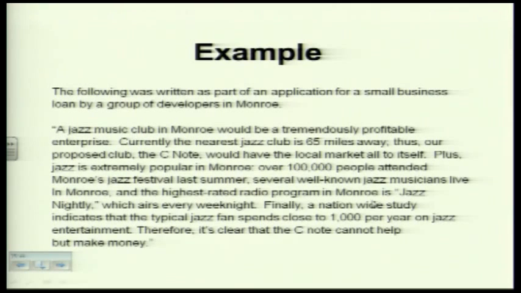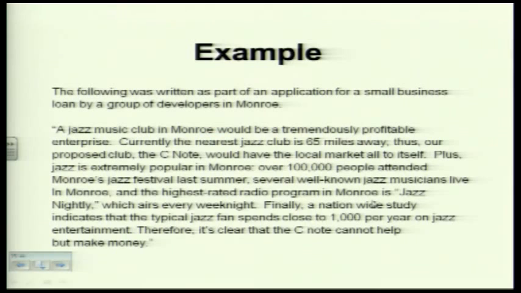They propose that the bank should give them a loan to establish a jazz club. The reasons being, first, the nearest jazz club is 65 miles away from Monroe. So it's far away, so we would be in a good position to establish a jazz club there in Monroe.